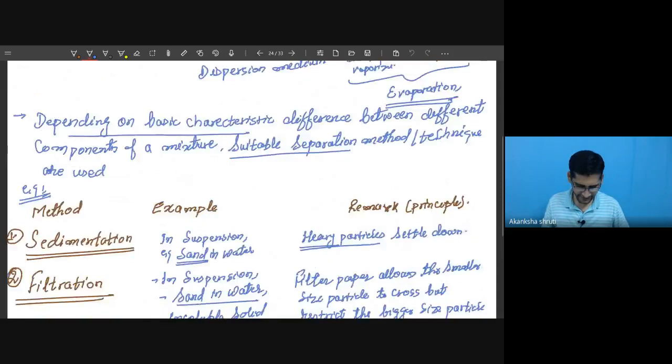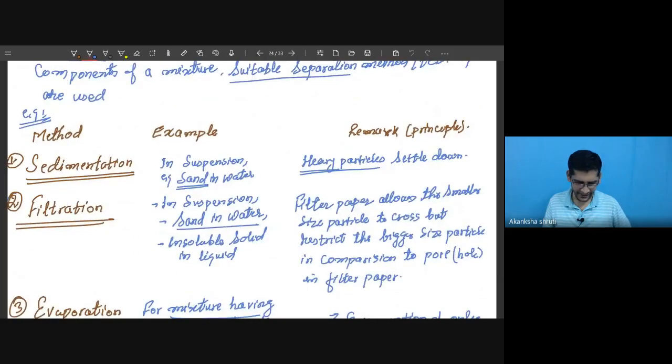The very first was sedimentation, with the example and the principle. So please go through these videos again and again so that you can remember it.